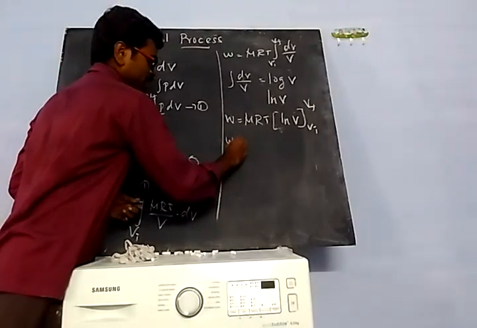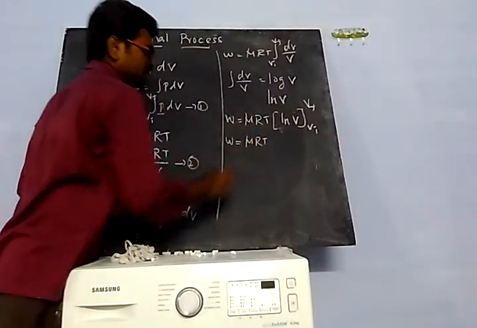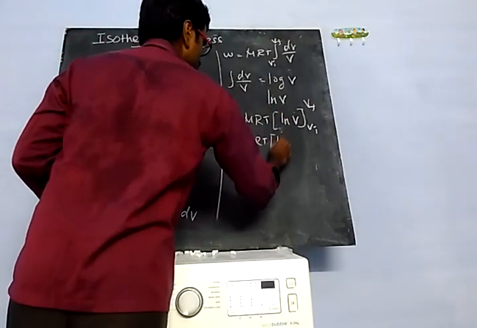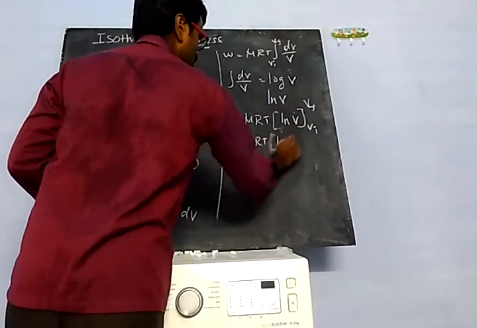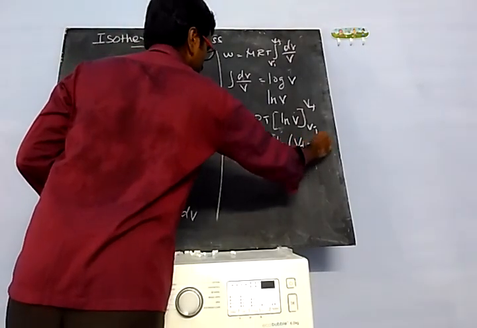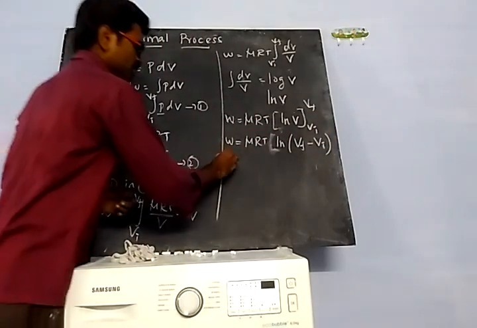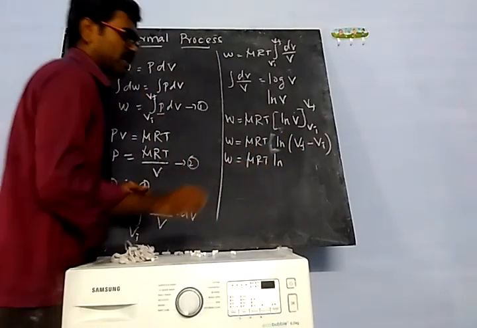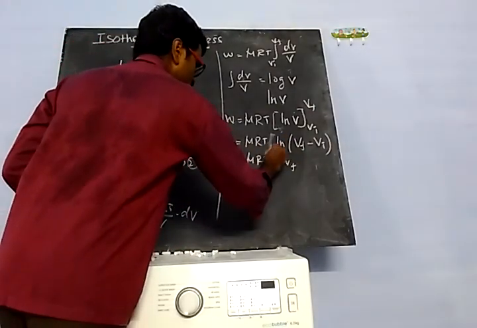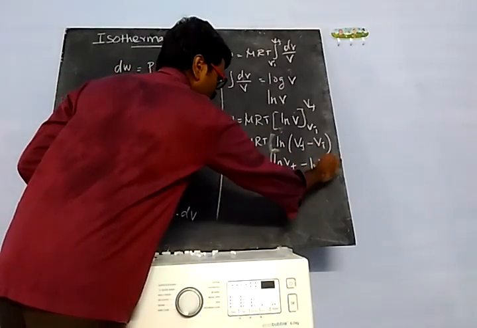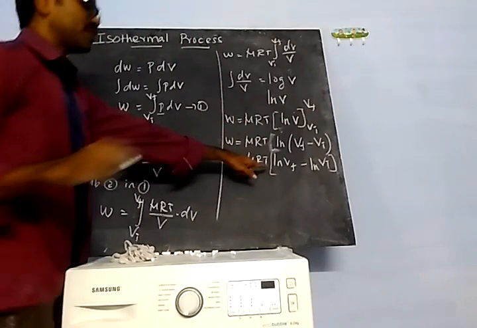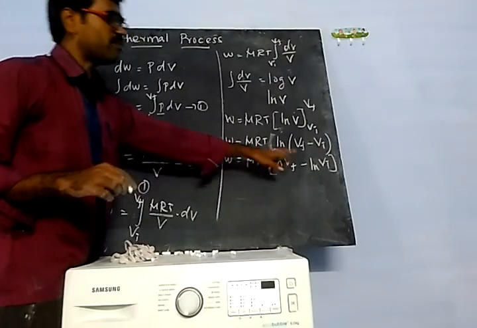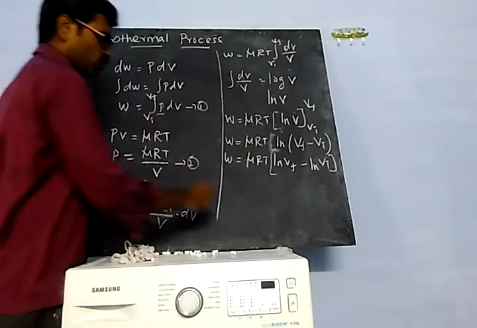Then work done is equal to mu RT. First substitute the upper limit minus the lower limit. So W is equal to mu RT times ln VF minus ln VI, that is the natural logarithm of final volume minus the natural logarithm of initial volume.